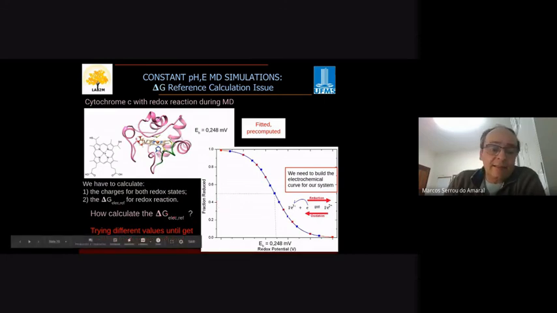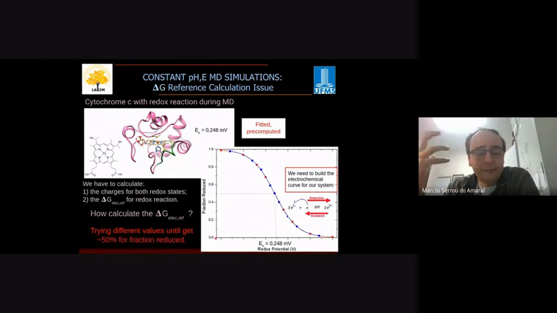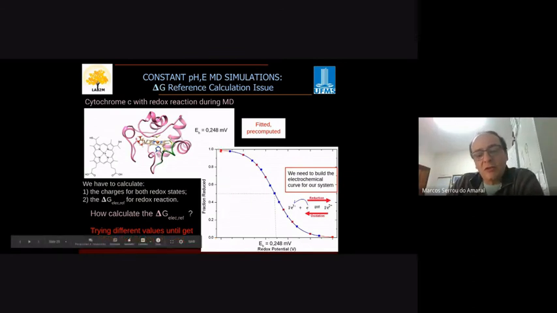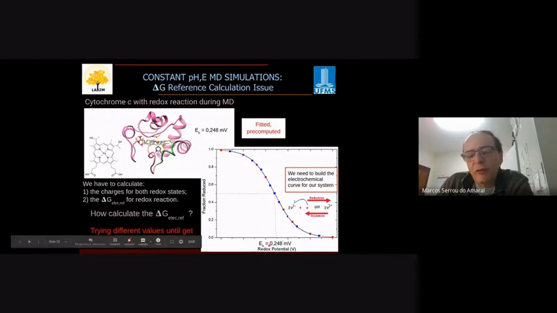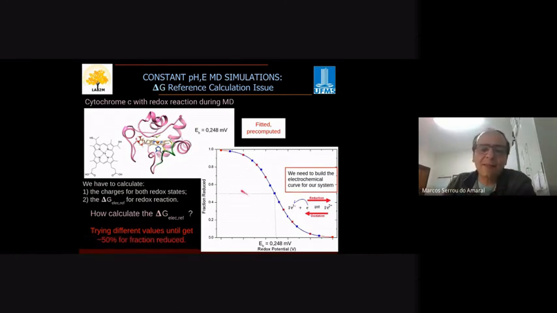One of the ideas is like I did for iron. I need to choose one value for the electrochemical potential and run the simulation and try to get 50% of reduced states and 50% of oxidized states.